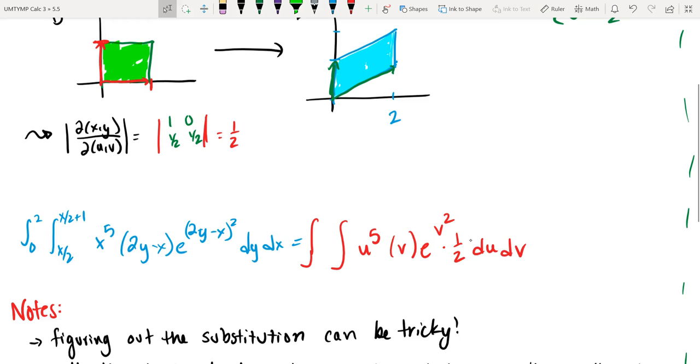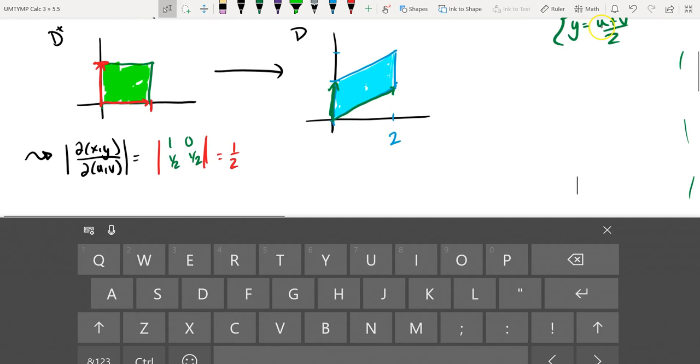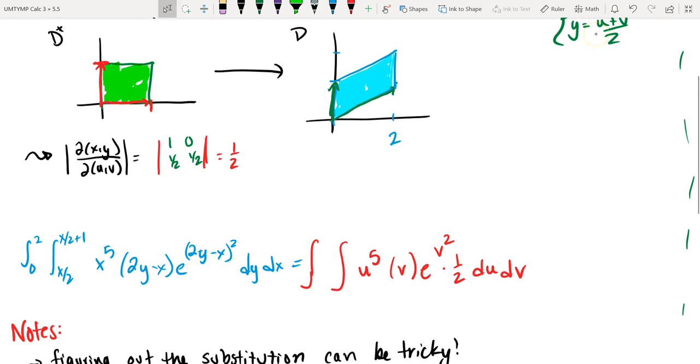Okay, so now the only thing I need to figure out is what are these bounds. Well, if u is just x, then the bounds for u are going to be the same as the bounds for x, and the bounds for x are 0 to 2, so those become 0 and 2. Now the question is, what about v?